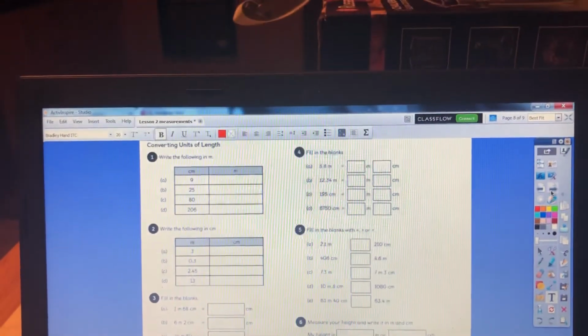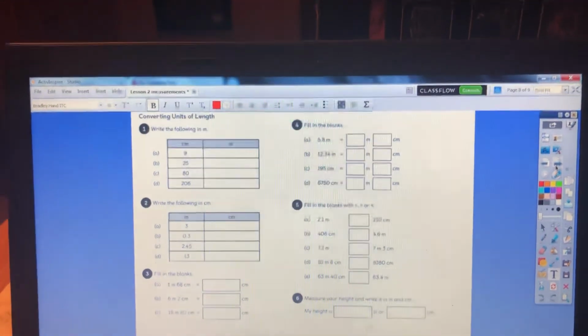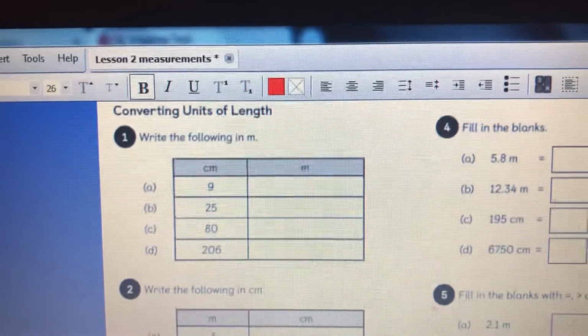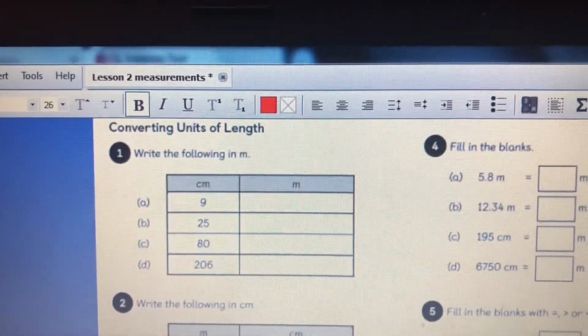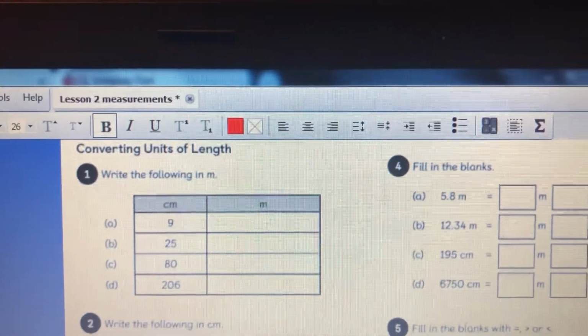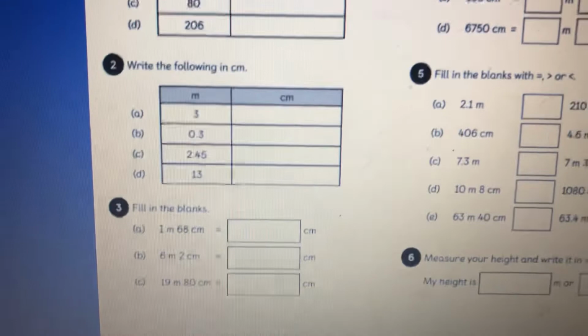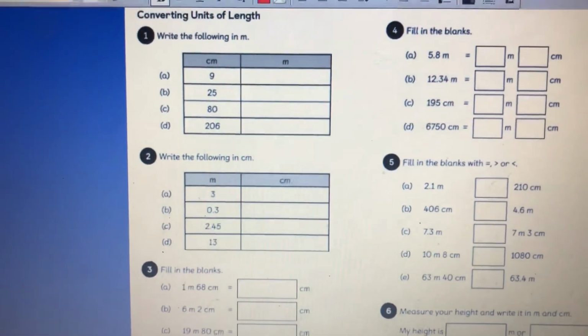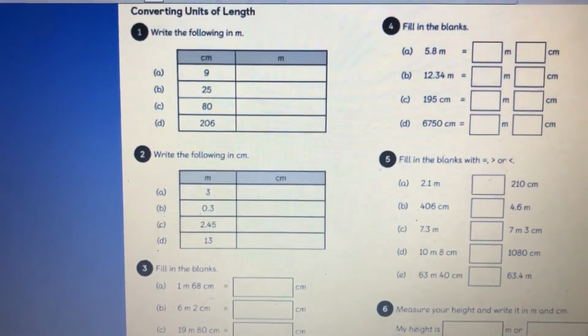So your worksheet is worksheet 2 of Maths No Problem. And for question 1, you are converting centimetres into metres. So you will be dividing by 100. For question 2, you have got metres to centimetres, which is multiplying each number by 100.